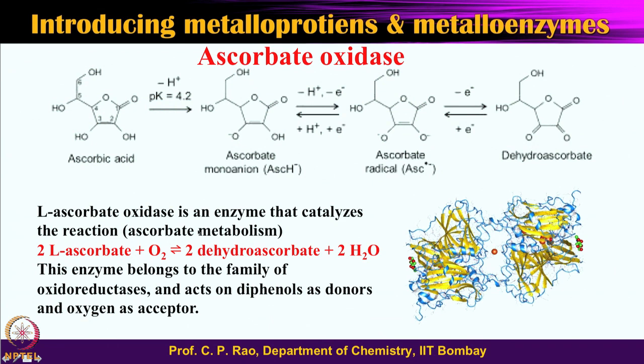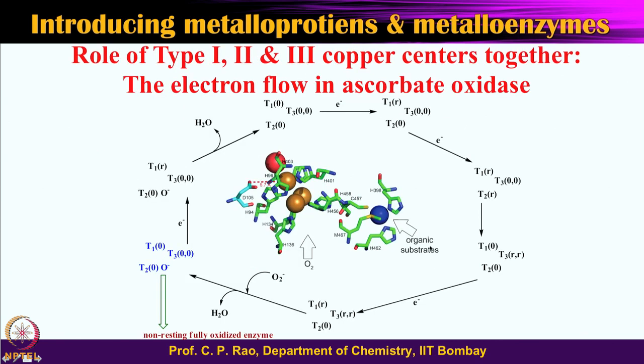Okay. So, L-ascorbate oxidase is an enzyme that catalyzes the conversion of ascorbic acid into dehydroascorbate, and this is a dimeric enzyme that you can see. And there are 3 different types of copper, as I said. Type 1, which is blue copper protein; type 2, a single copper but of a different kind; and type 3, which is a dicopper center involved in the redox process.